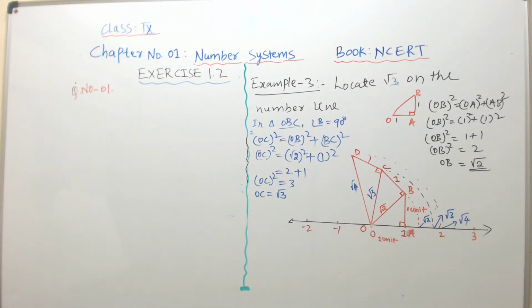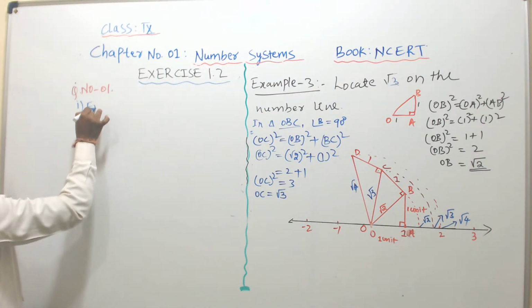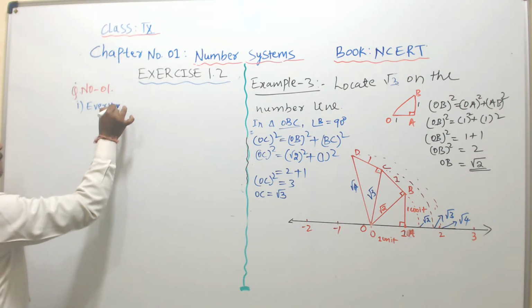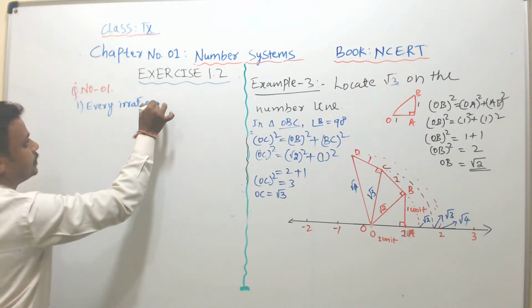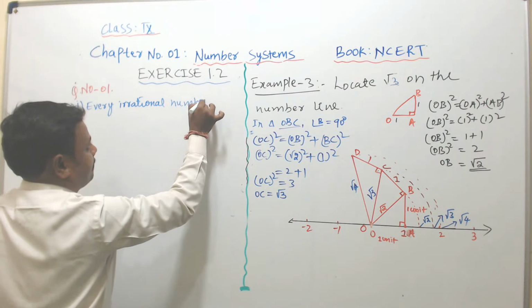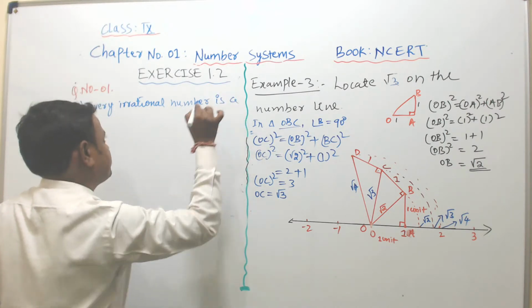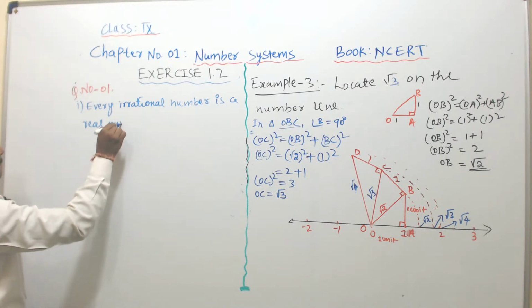Every irrational number is a real number. The first question.